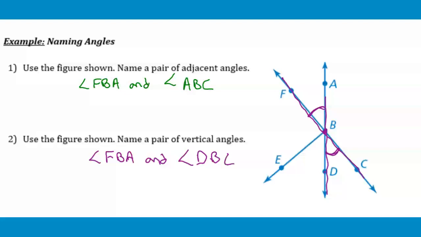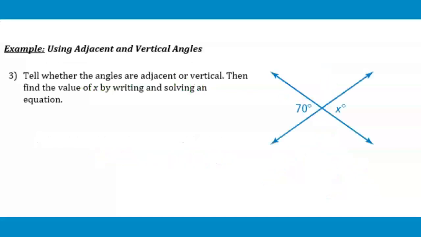They don't share a common side, but they're vertical. All right, so here we have a pair of angles. They are either adjacent or vertical. Well, they don't share a common side, and they are opposite each other. They're across that vertex from each other, so I'm going to write down that they are vertical.